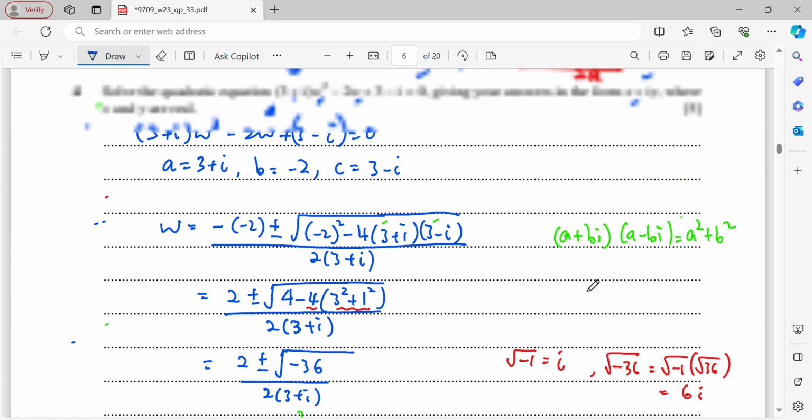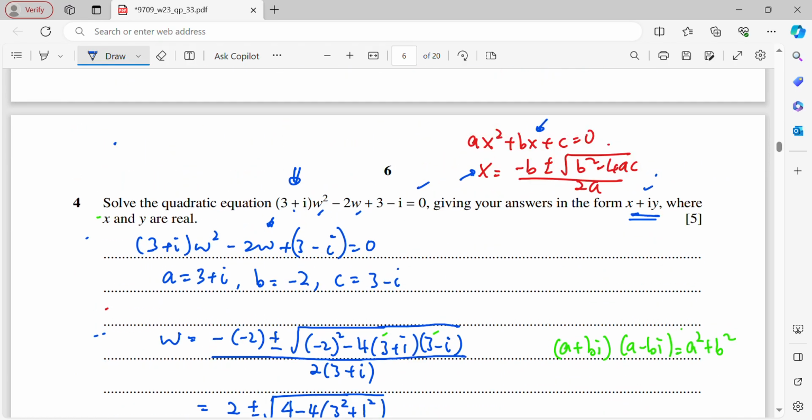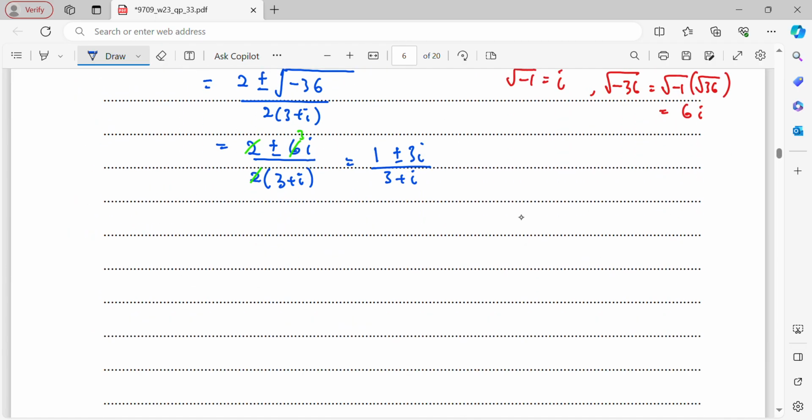But then when you look at the question here, your answer will be x plus iy, where x and y are real. That means now we need to solve the division of two complex numbers. So when w is (1 plus 3i) over (3 plus i), to solve this, I have to multiply by the conjugate of the denominator.